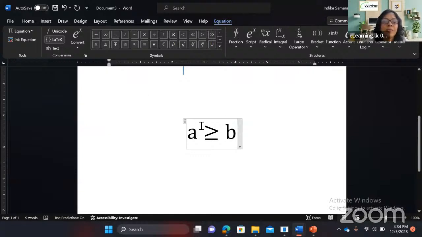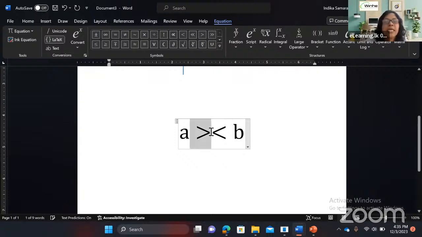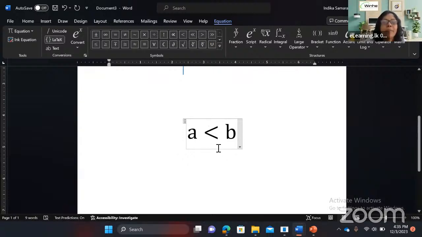You have to learn the difference between these signs. First, we read the letter before the sign. Then, according to the sign, if it is this way around, we say A is greater than B, or if it is this way around, we say A is less than B. Right?